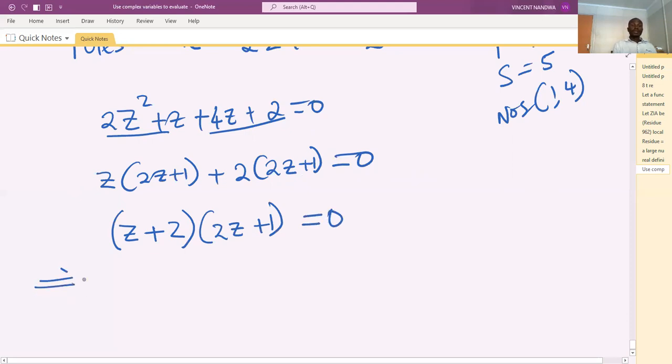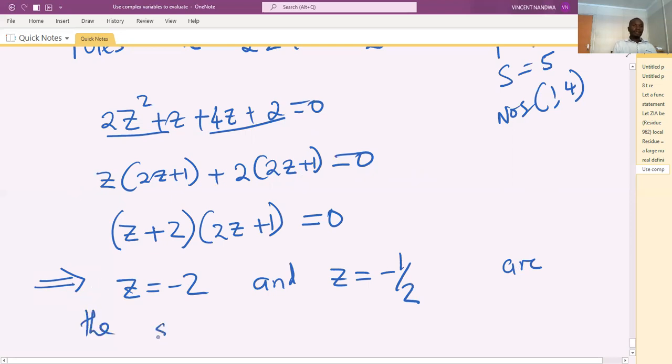So it is not hard to see that z is -2 and z is -1/2. So these are the simple poles of f of z.